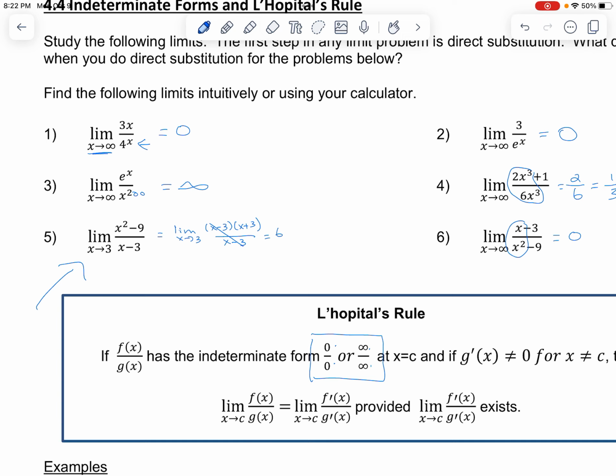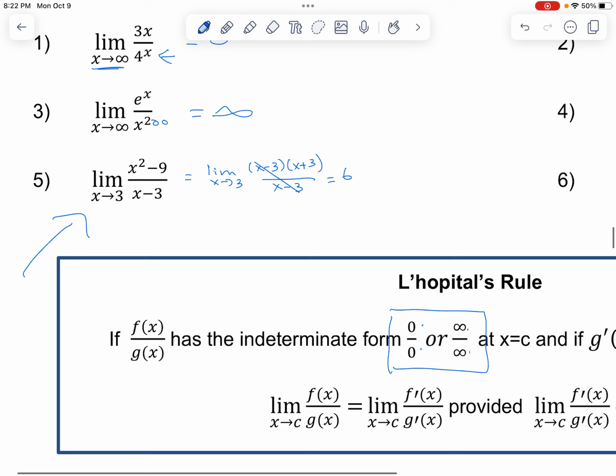I'm going to show you another way to do number 5, and this is what L'Hopital's rule says. Instead of doing it by factoring, L'Hopital's rule says if you have a limit of 0 over 0 or infinity over infinity, then you can go ahead and take the limit of the derivative of the top function, which in this case is 2x, and divide it by the derivative of the bottom function.